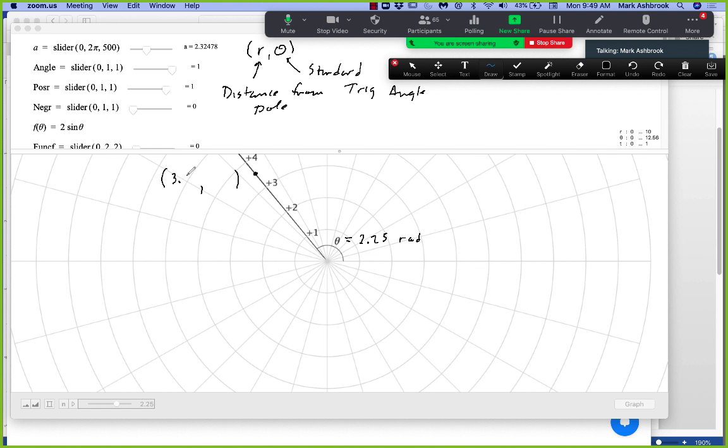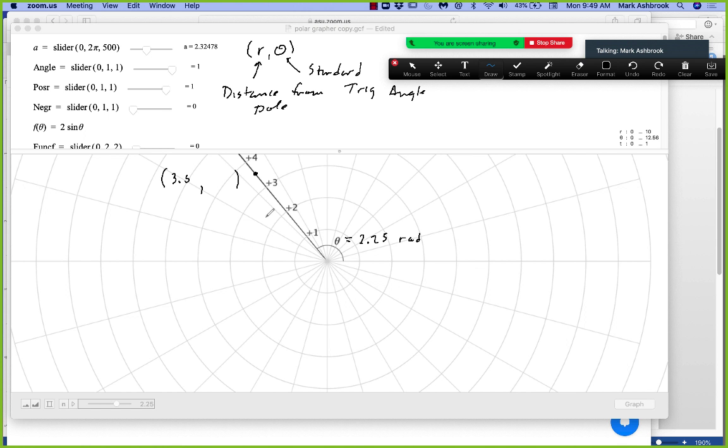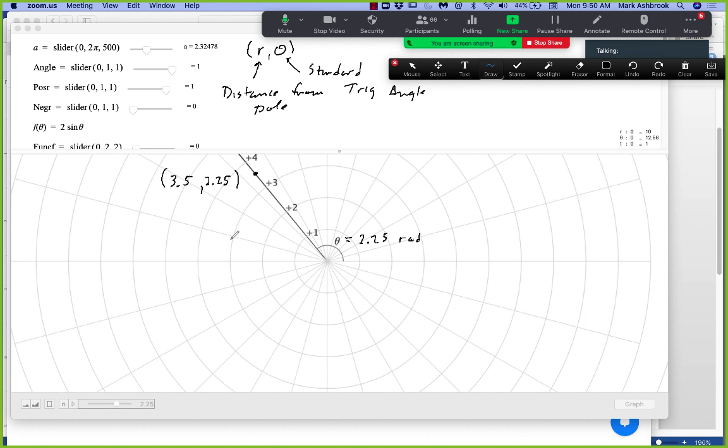We put r first, but really, we think angle first. So first I'm going to sweep an angle of 2.25 radians. And then once I've established that trajectory, now along that terminal ray, we're going to go out from the pole 3.5 units. So that's the point 3.5, comma 2.25.